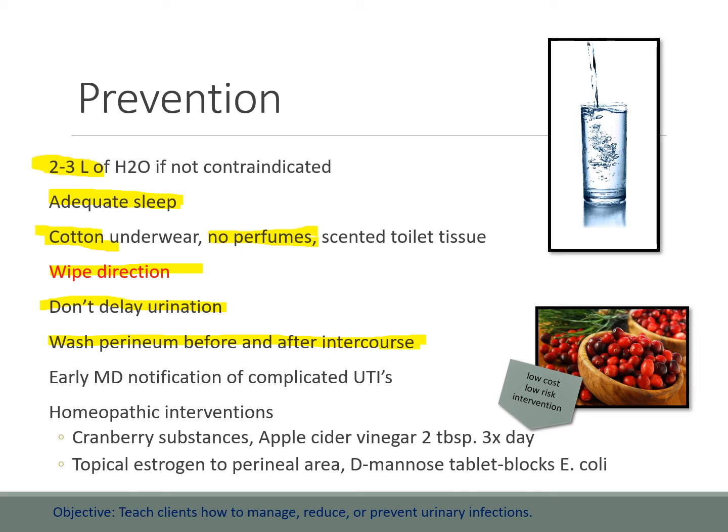Now, some of our patients have low estrogen, such as our postmenopausal patients, and this is a problem because they experience vaginal dryness. So the vagina has that protective bacteria, and if it's gone because it's dry, this intervention here is going to be a quick way to restore the vaginal bacteria, which will in turn prevent UTIs.